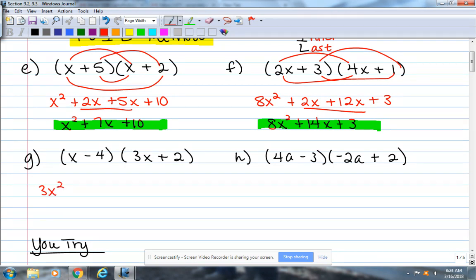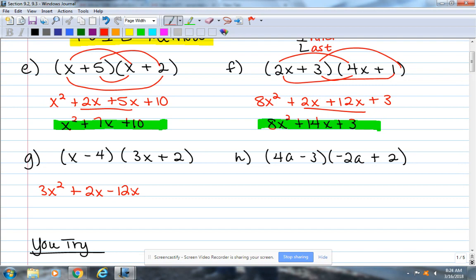Then what do we multiply? X times 2. And what do you get there? 2x. And then negative 4 times 3x is what? Negative 12x. Watch your sign. And then last we multiply what two terms?